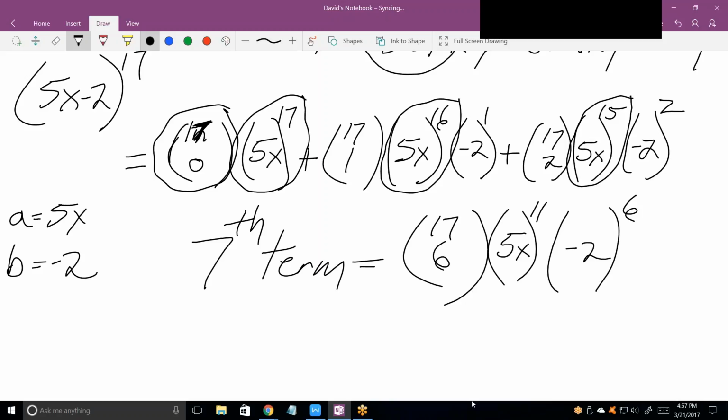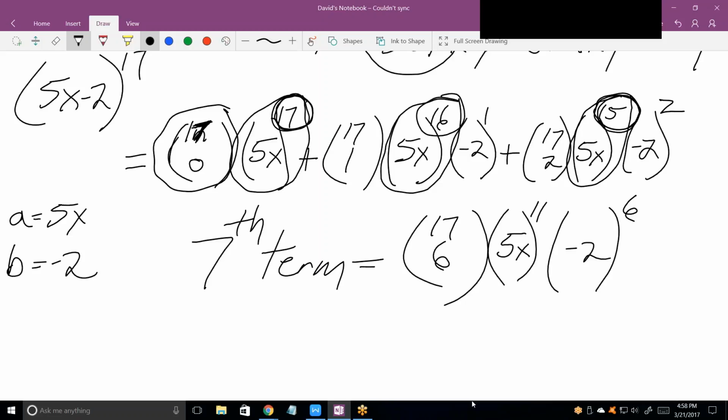In other words, these two numbers always add to n, 11 and 6. And notice they always add to 17 in these first three terms that I wrote there. But this power, that's the first term, so it has 17, second term 16, third term 15.